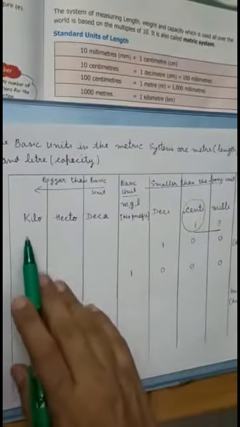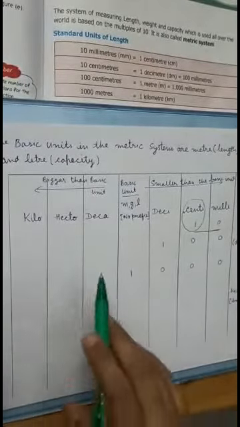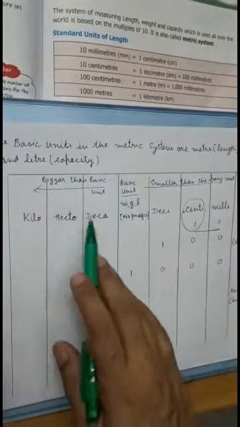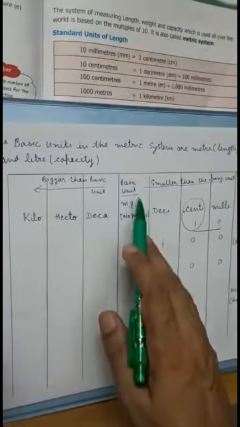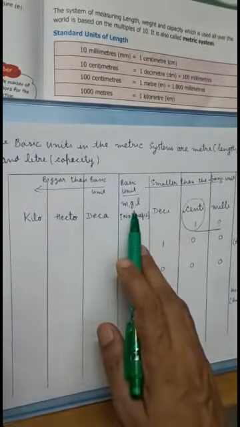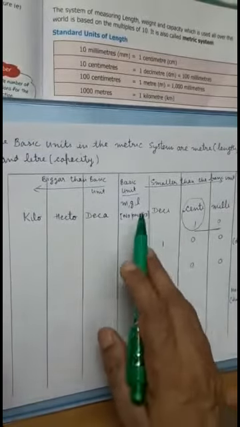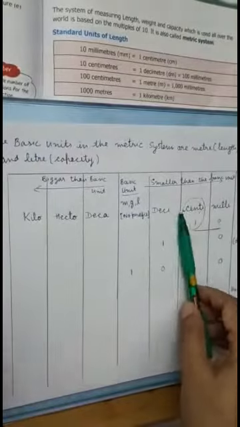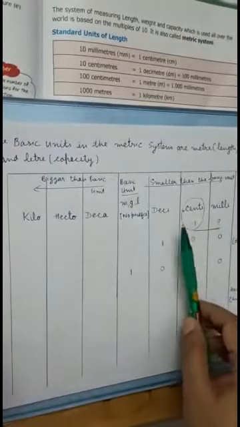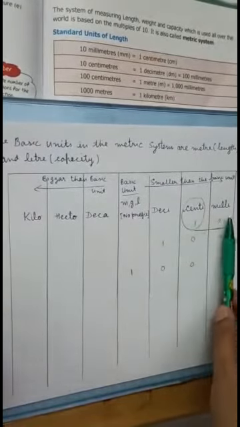Now see, here I have written some units. These are the prefixes. Basic unit is meter for length, gram for weight, liter for capacity. So three units are smaller than the basic unit, which are deci, centi, milli.